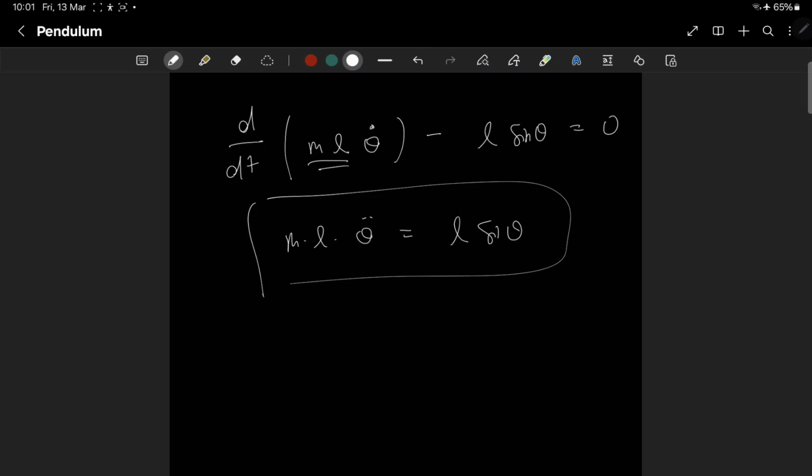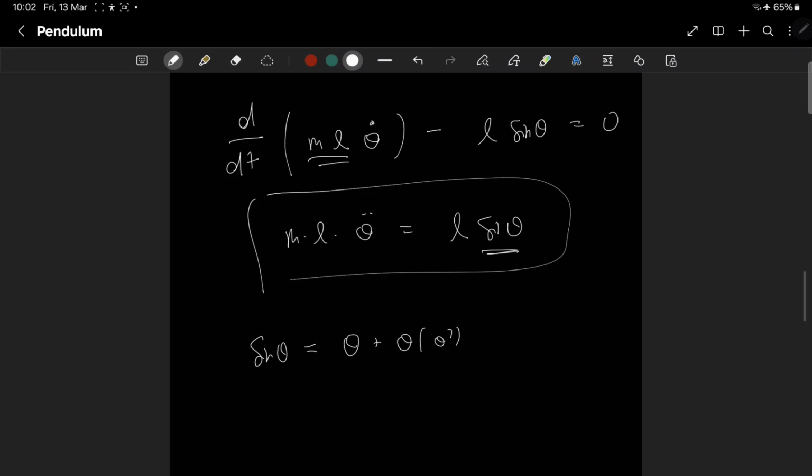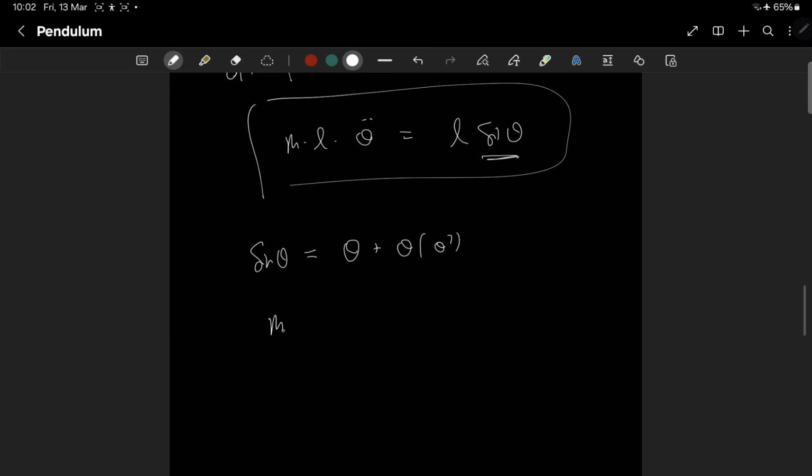And this looks actually very similar to the equation of motion for the harmonic oscillator. The only difference is that over here we don't have theta, in this case we have sine of theta. But if you remember, the Taylor series for sine of theta starts with theta plus higher orders of theta squared, right? So this is approximately m times L times theta double dot equal to L times theta.